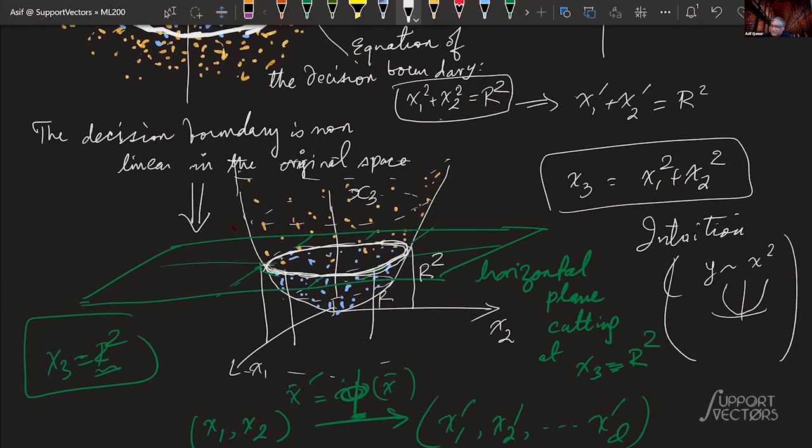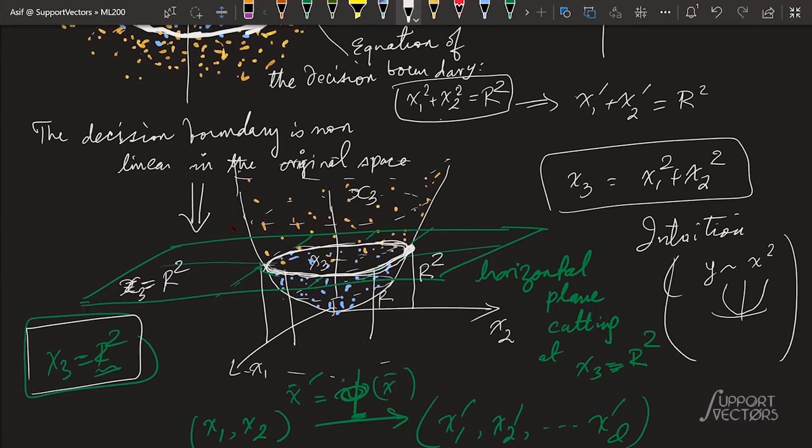Now think about this. On the surface of the parabola, see every single point here, right? This point corresponds to the x3 value. We are saying x3 is r squared, which means this plane, what does this plane represent? This plane represents x3 is equal to r squared, a constant, right? So just think about this. It's a horizontal plane, isn't it?